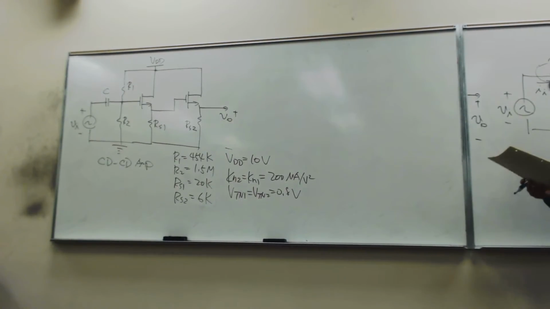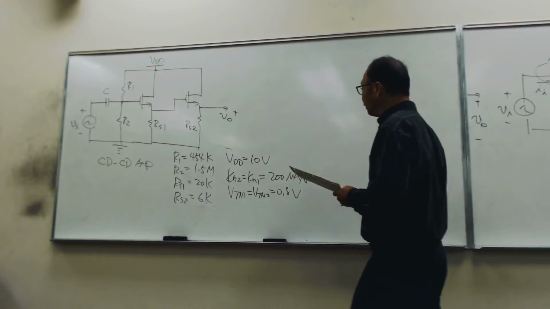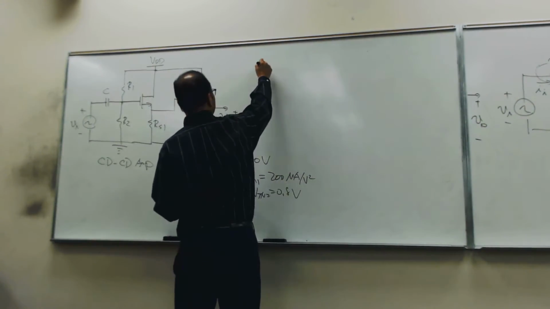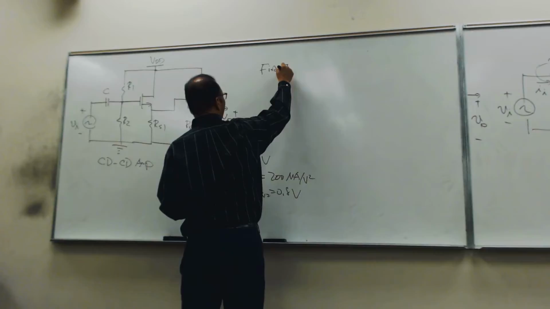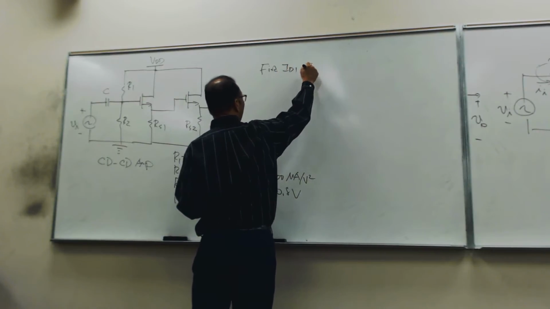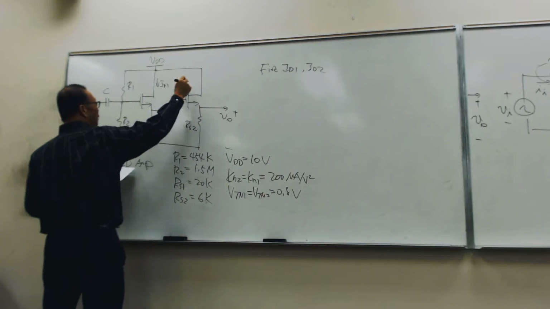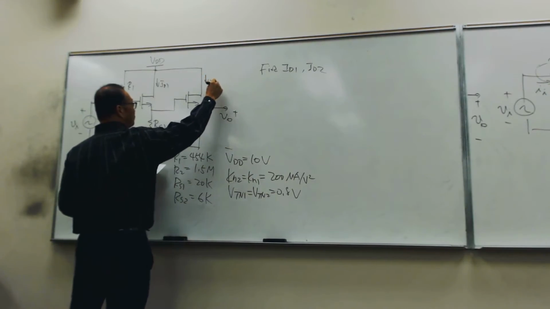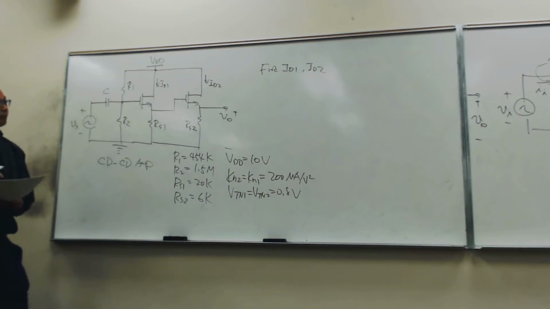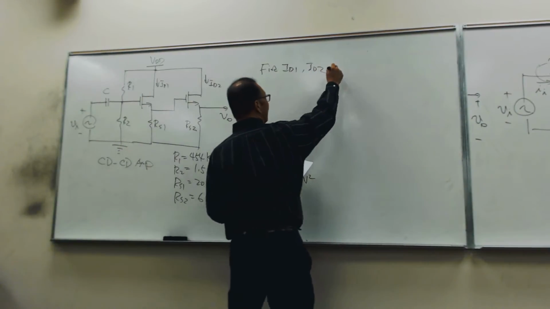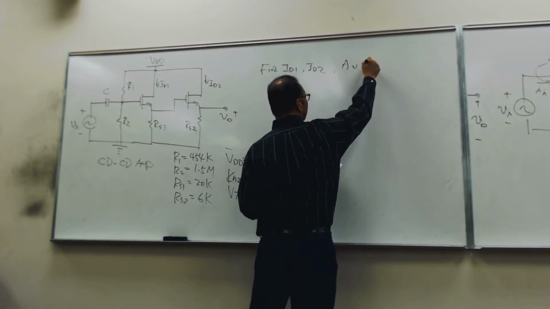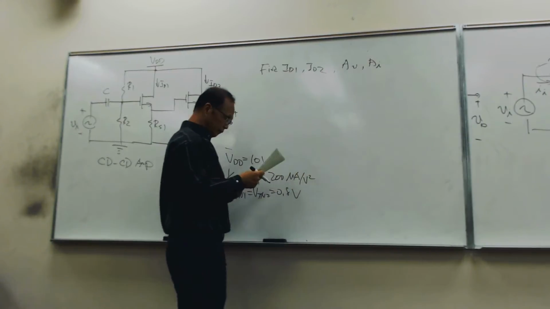Okay, so that's it. So let's try to find IP1, IP2. So this is IP1, right? This is IP2. Yes. Let's try to find AB, A sub I. Right?